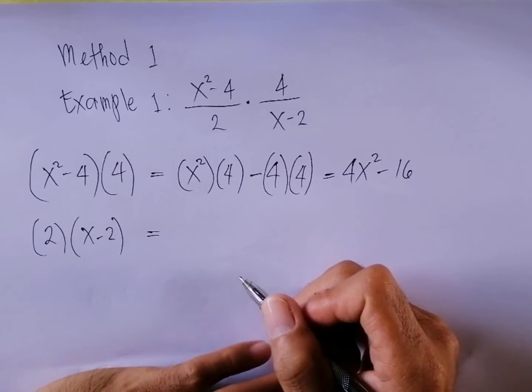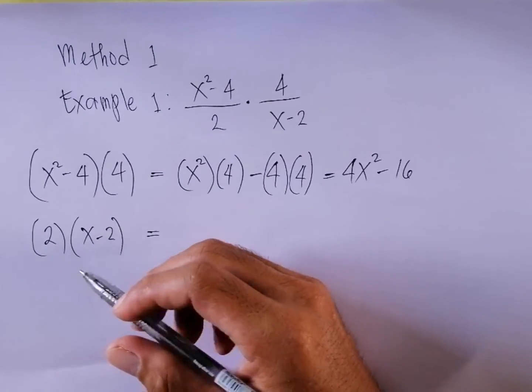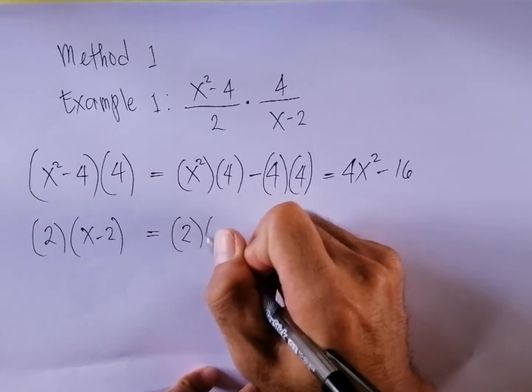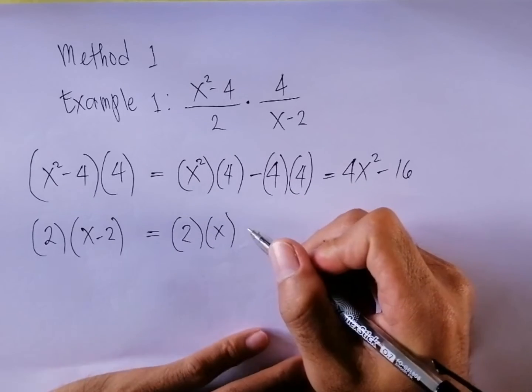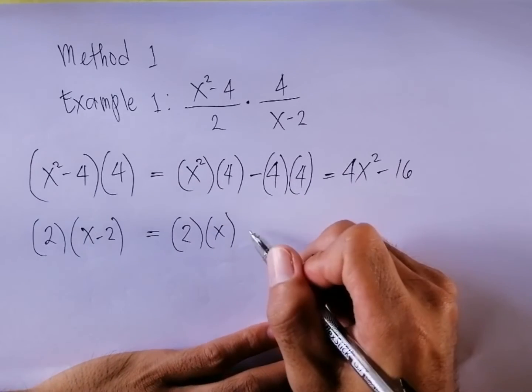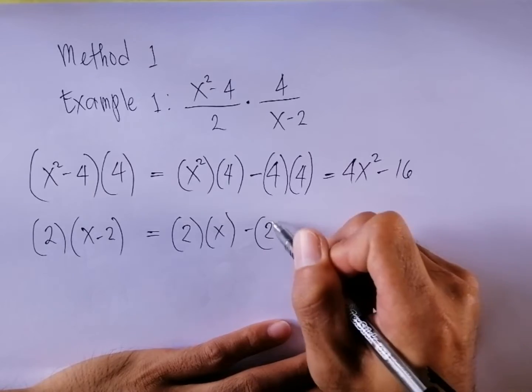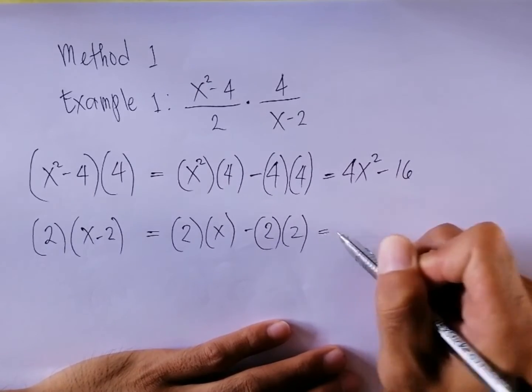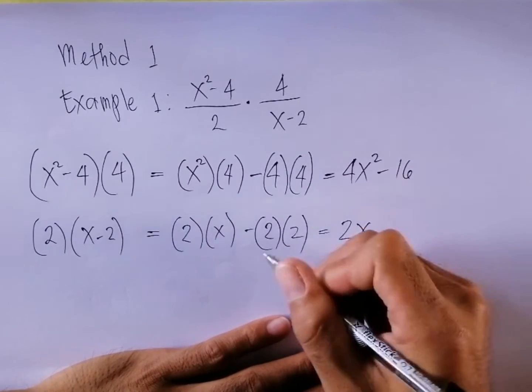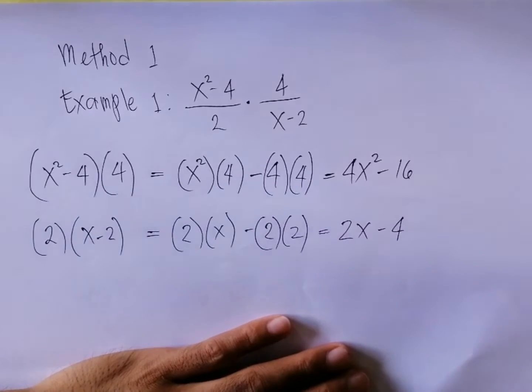Then for the denominator, we have 2 times x minus 2 times 2, that is equal to 2x minus 4.